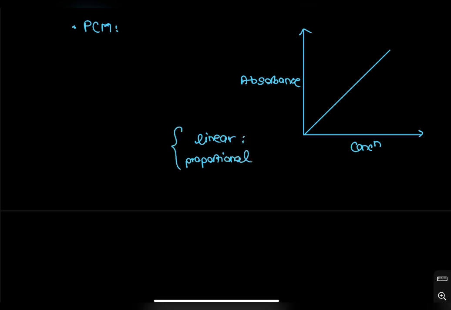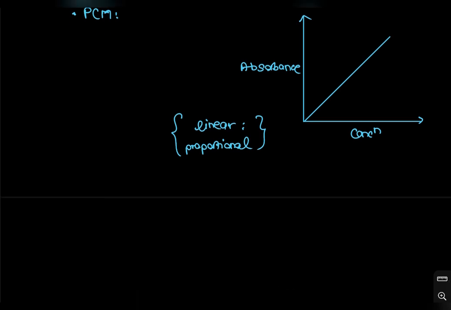What linear means is that upon increasing the concentration, the absorbance is increasing. Let's say for any compound, if a 4 ppm concentration is taken, we have an absorbance of 0.5, and if we have an 8 ppm solution of that same compound, we have an absorbance of 0.6.